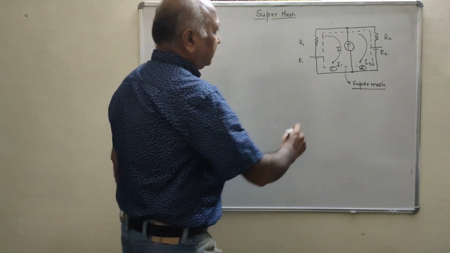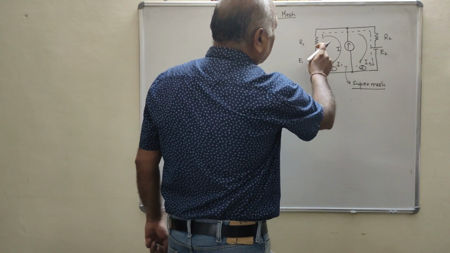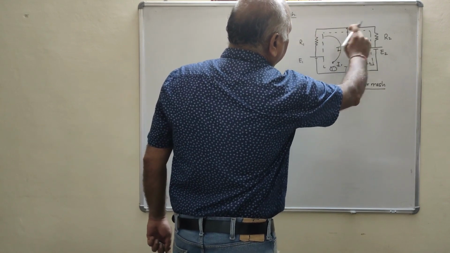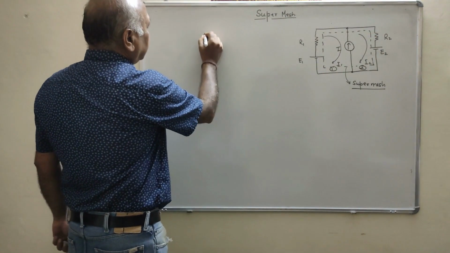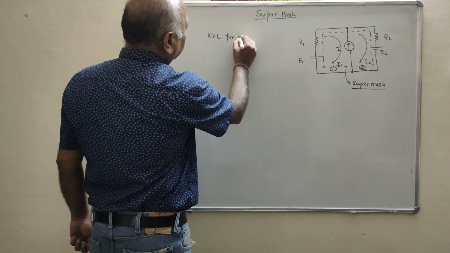Now you see mesh 1 with current I1, and this is I2. We write the KVL for the super mesh.